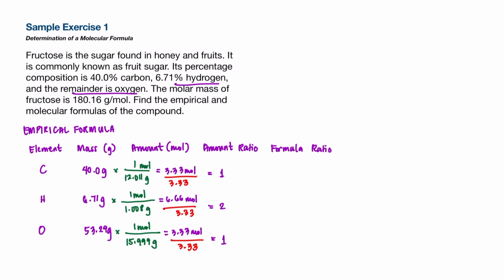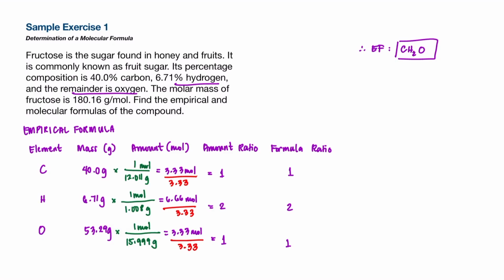Since the amount ratio is already in whole numbers, therefore the formula ratio will still be the same. And again, the formula ratio of carbon to hydrogen to oxygen is 1:2:1. Thus, the empirical formula of fructose is CH2O.